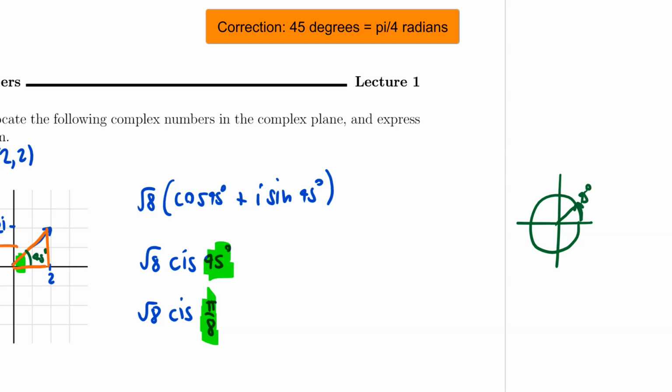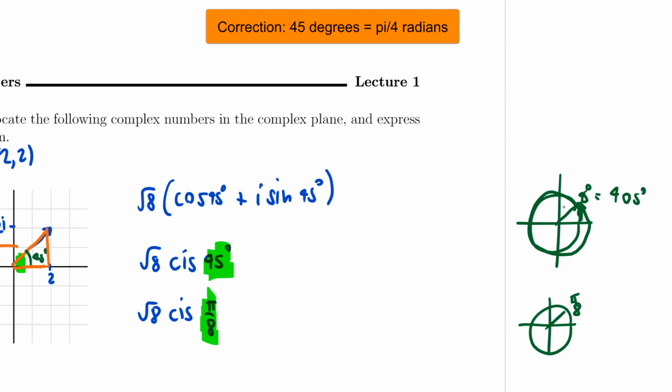If I add 360 to 45, I'm going to get 405. So 45 degrees and 405 degrees are the same in terms of the unit circle.